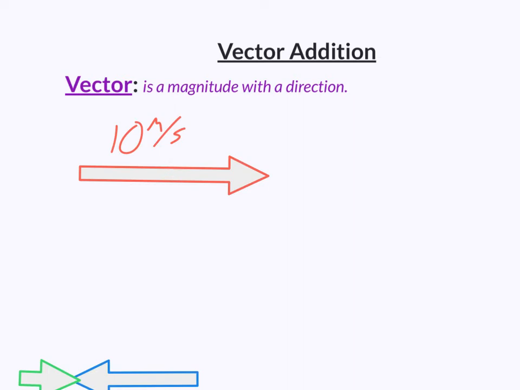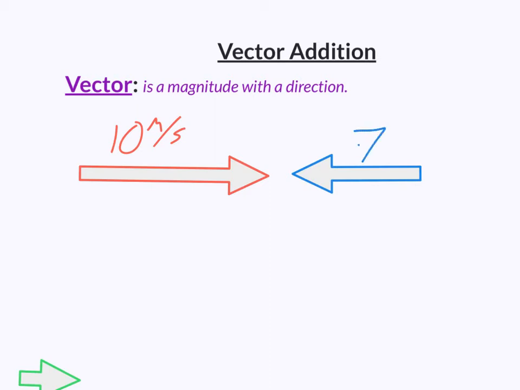But we need to get to vector addition, which means we need to have at least more than one. So let's take a look if we had another one. Let's say we had another vector, and this one's only worth, let's say 7 meters per second. But this one is to the left.